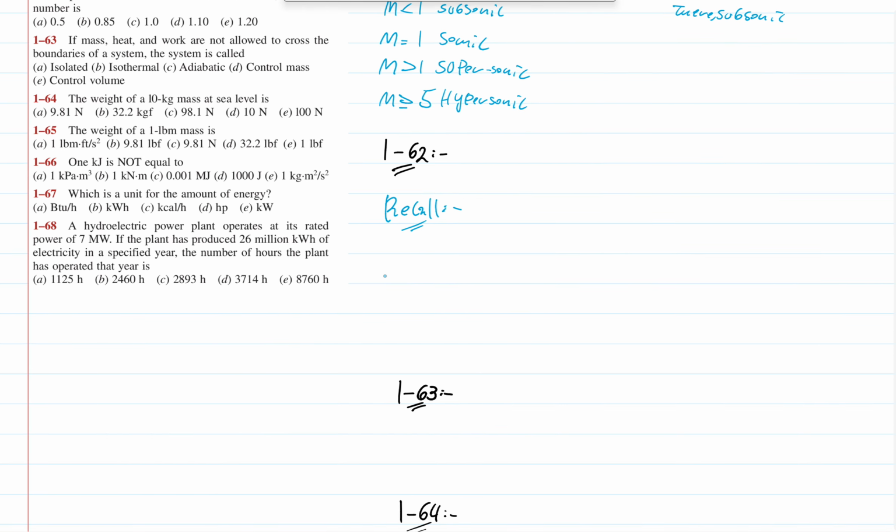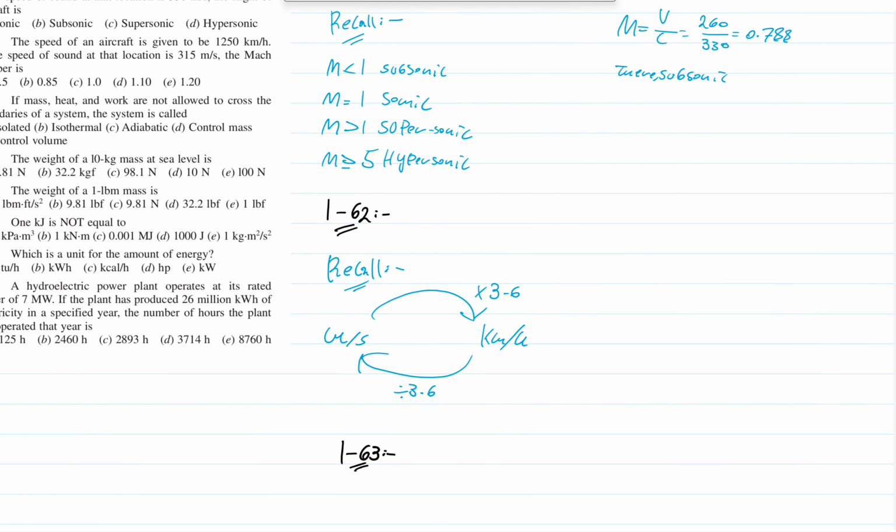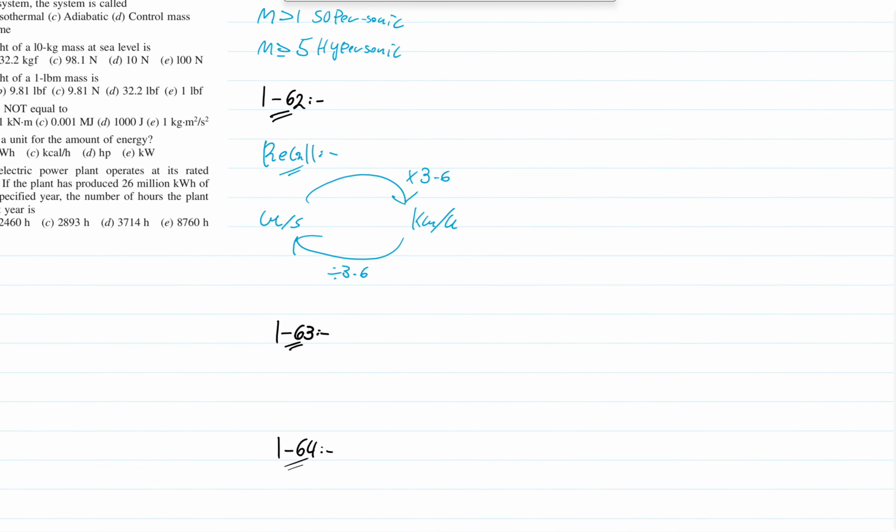From meters per second to kilometers per hour, if you want to convert that, what you should be doing is multiply by 3.6. And if you want to do the opposite, kilometers per hour to meters per second, divide that by 3.6. All right.